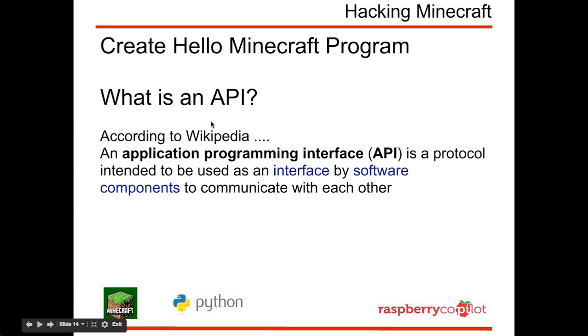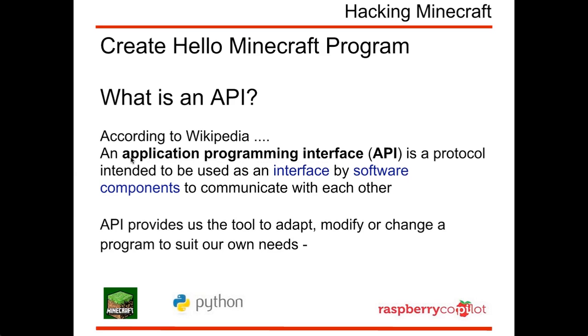And we are going to be using an API, which is, per the Wikipedia definition, an application programming interface, a protocol intended to be used as an interface by software components to communicate with each other. It's kind of a complicated definition. What does that mean? Basically, APIs provide us the tools to adapt, modify, or change a program to suit our own needs.